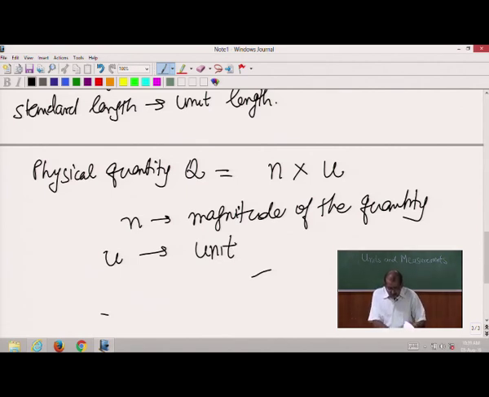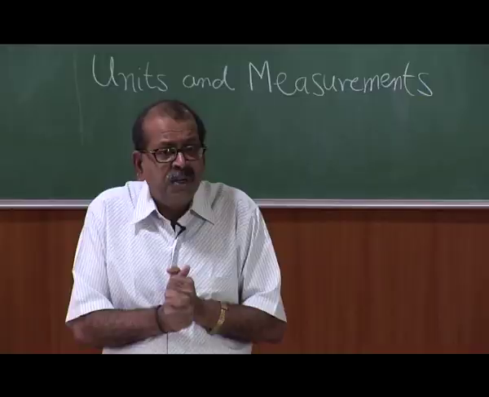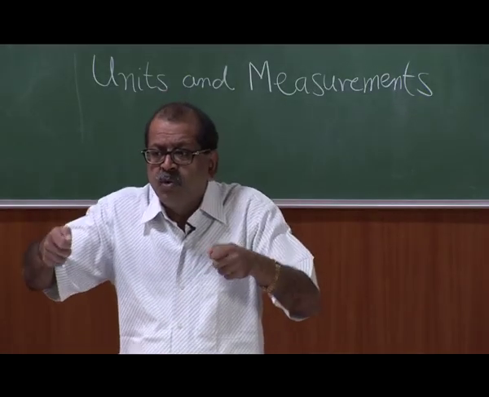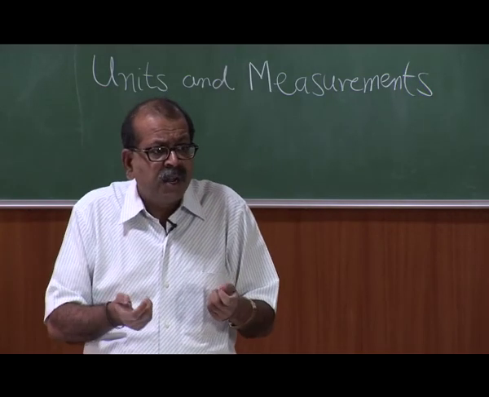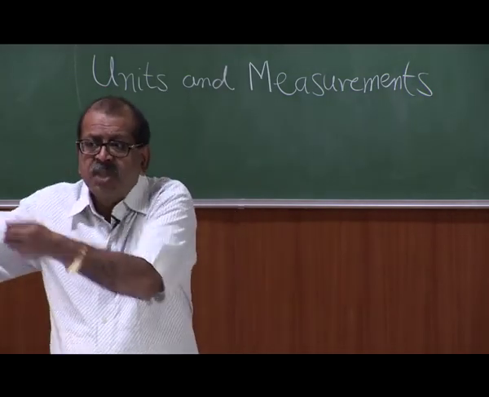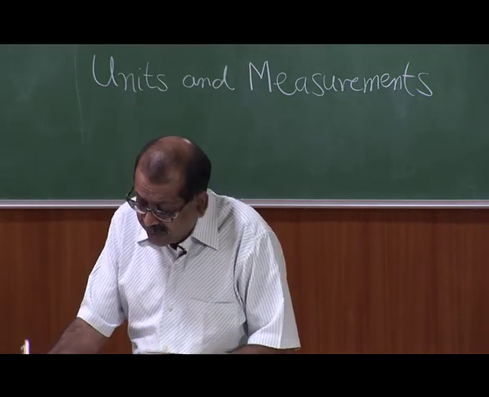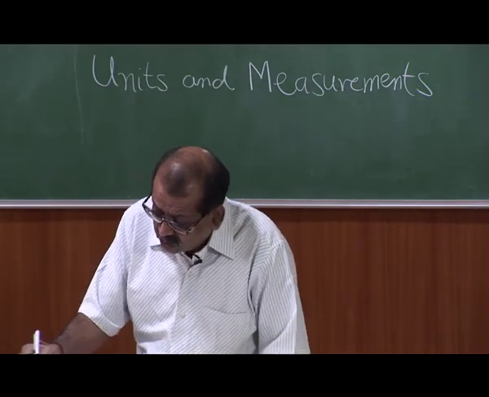Now, what you may realize, and rightly so, is the same quantity can be expressed in different sets of units. For example, somebody may use meter to measure length, another person may use another standard, say a foot, to measure length. And that is allowed.